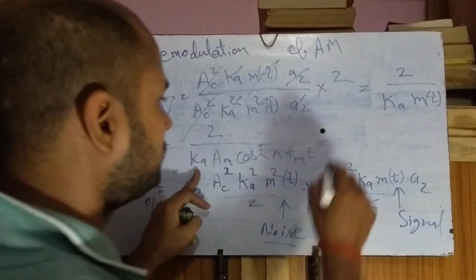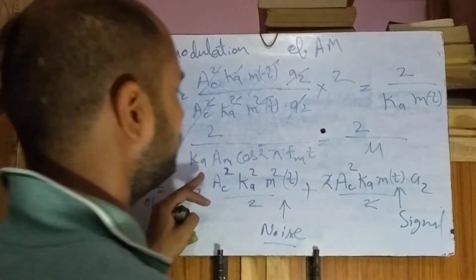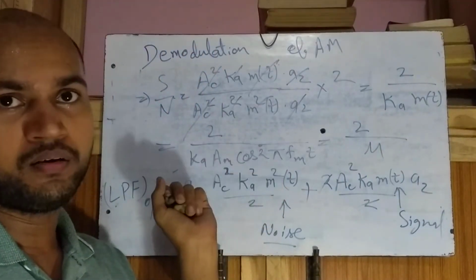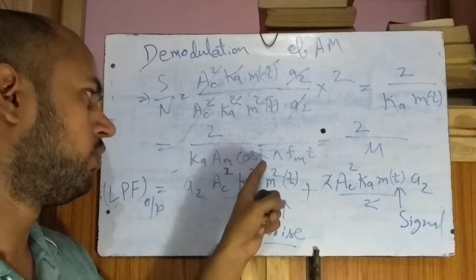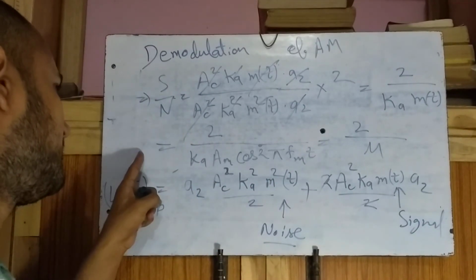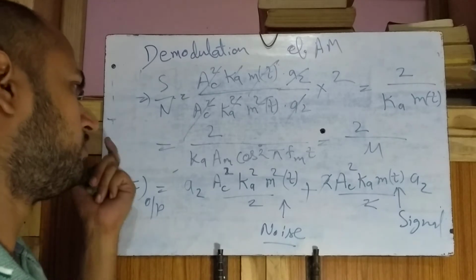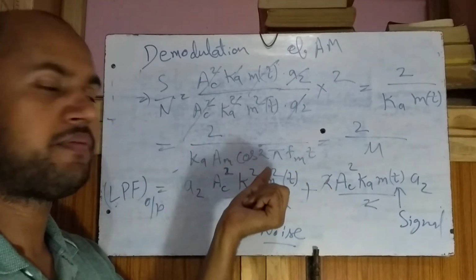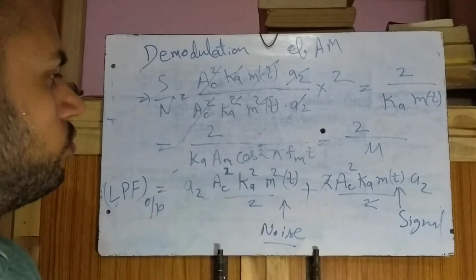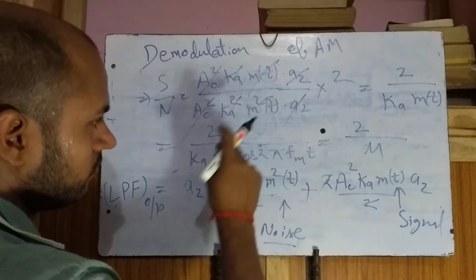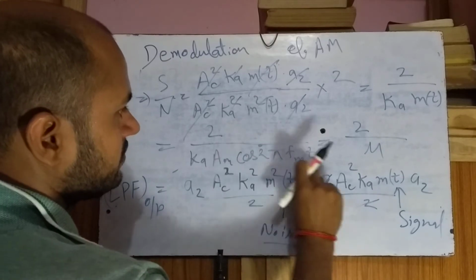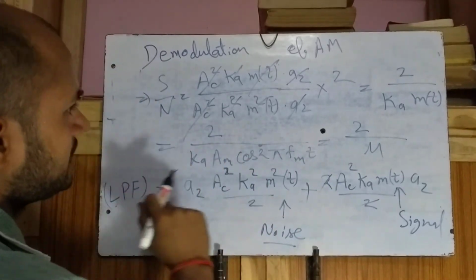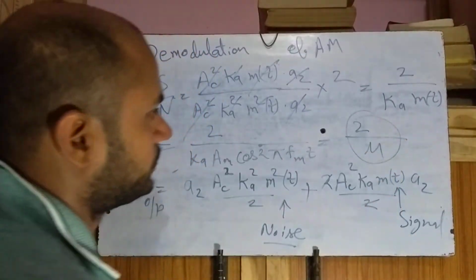Ka Am is mu, so 2 by mu. We are taking cos 2 pi fmt as 1, because if it is 0, in that case the signal to noise ratio is very high. So we have no need to worry about cos 2 pi fmt being less or low. We have to analyze for the case where it is maximum, that is 1. If it is maximum, then the signal to noise ratio is 2 by mu.